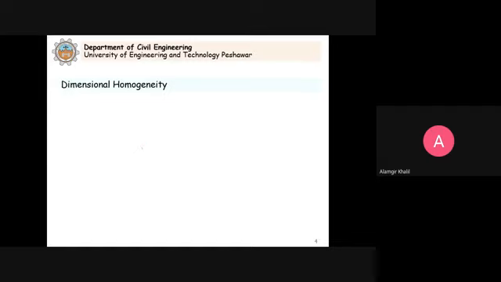Next we discuss dimensional homogeneity. This is important when we consider dimensional analysis because it provides the basis, the foundation for the methods that we use in dimensional analysis.